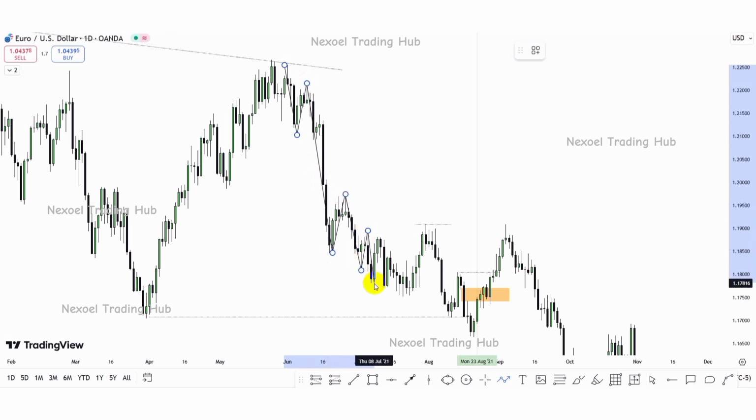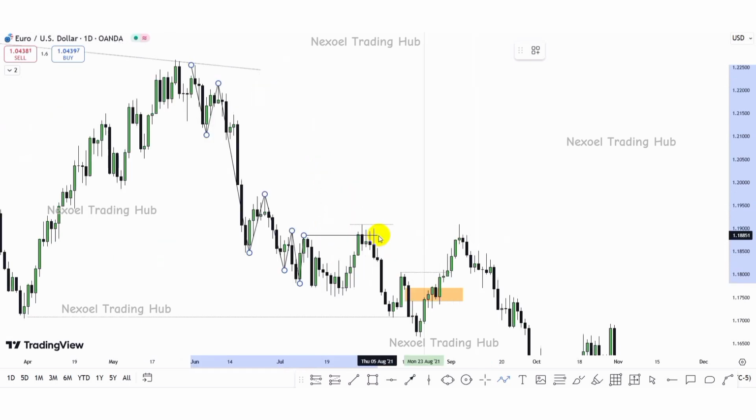Then pullback again. Now we have this pullback. You can see this is the last candle, and then we have this pullback.